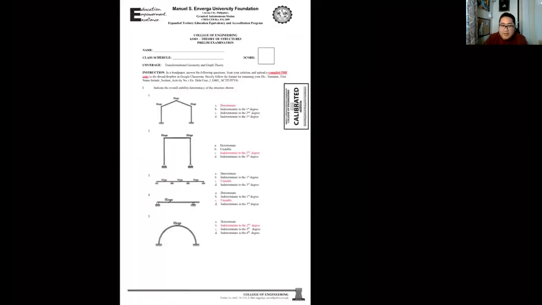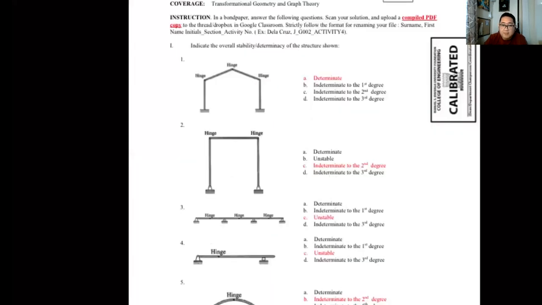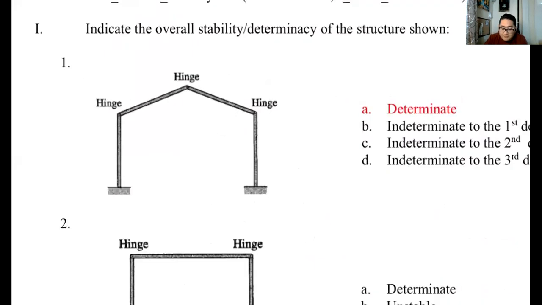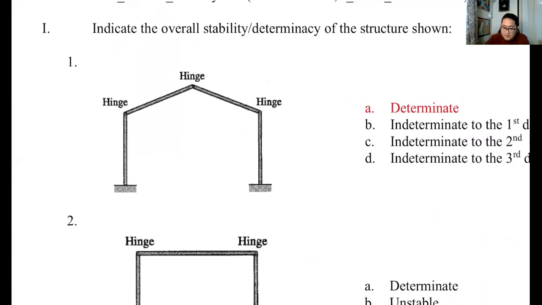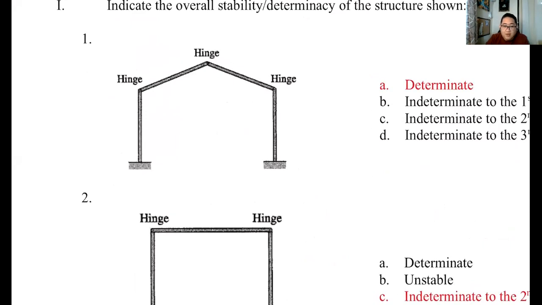So, let's start muna dun sa first part natin, which is identification stability natin. So, we have here 5 sets of structures. So, let's classify them individually. So, una muna itong number 1, we have a frame with a fixed both ang kanyang support.